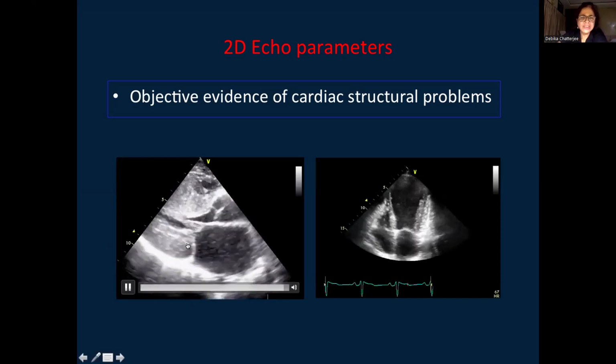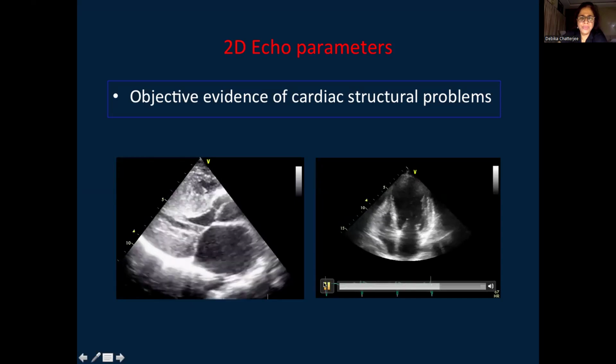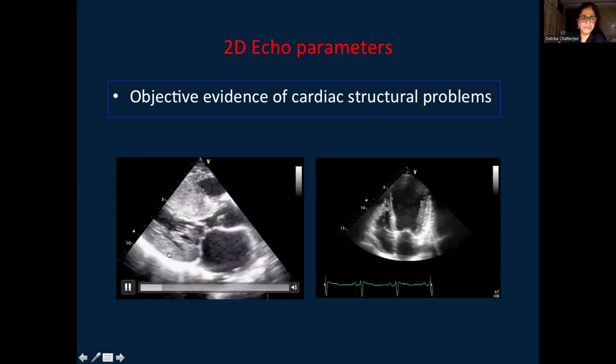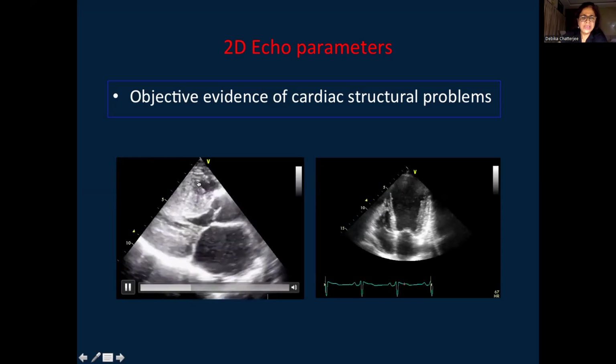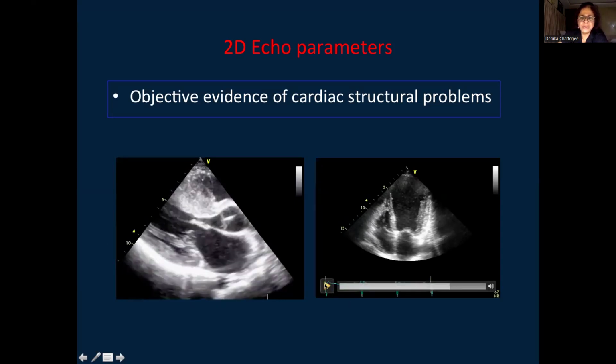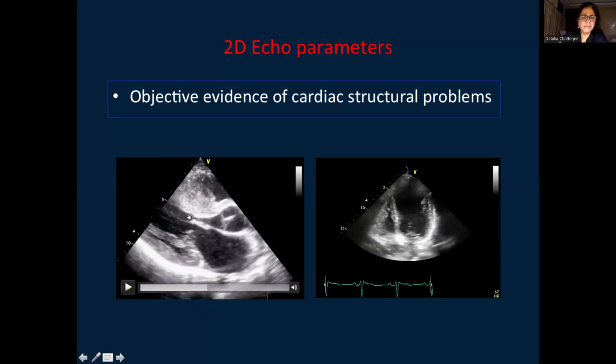So one such is this disease. If you look carefully, there is asymmetrical septal hypertrophy. So it is a case of hypertrophic cardiomyopathy, and also the left atrium is enlarged. A hypertrophic myocardium cannot relax.